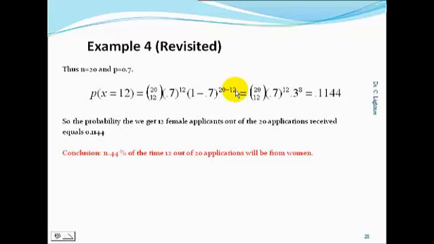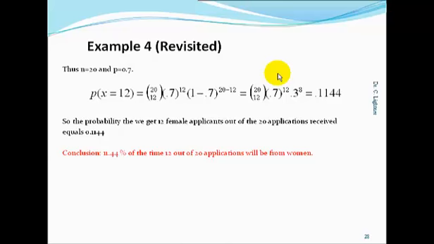Before entering this into our calculator again, we should simplify this formula. If you try to enter the original formula into your calculator, it is much easier for errors to occur due to parentheses. So we simplify this expression to 20 choose 12 times 0.7 to the 12th power times 0.3 to the 8th power.